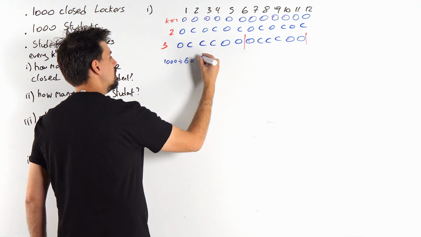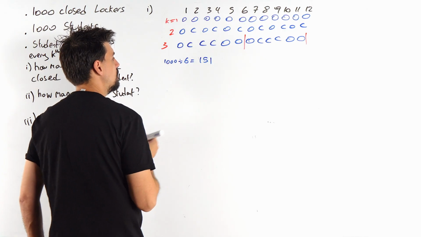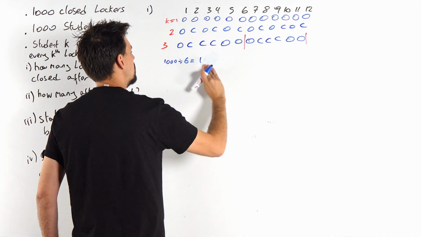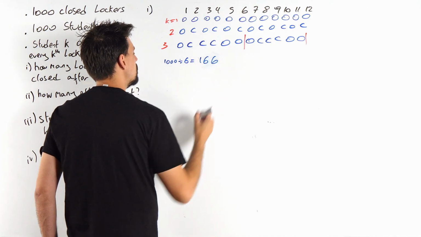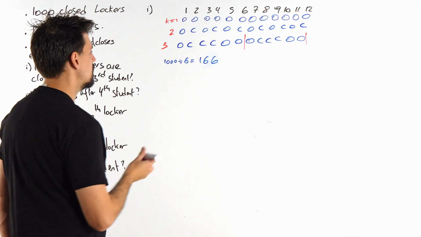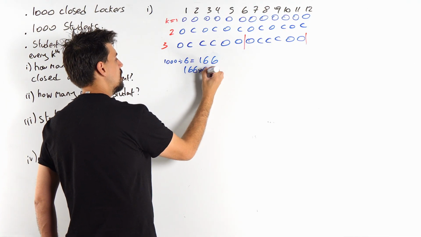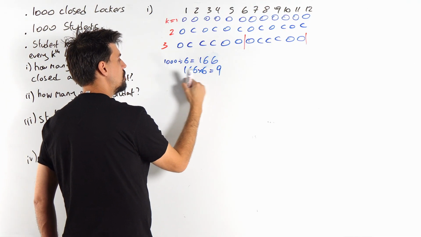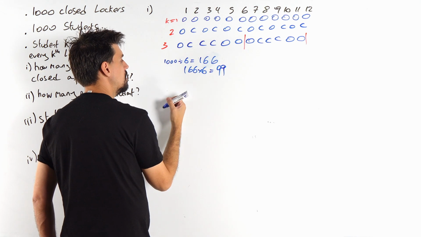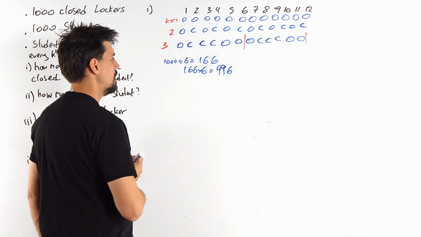Sorry, it's not that. It's 150, 165, 166. This is non-calculator, of course, 166, because 166 times 6 is 996. And we can't get any closer than that.